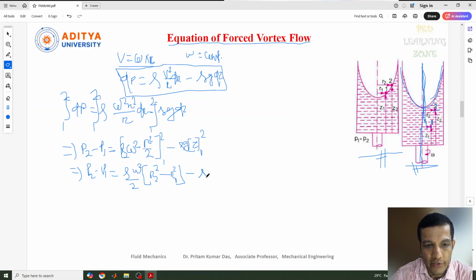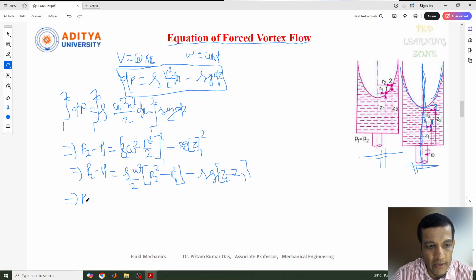Similarly, here also we can put rho g, and this is (z2 minus z1). Similarly, we can write again the value of omega r. Let's put the value of omega inside.